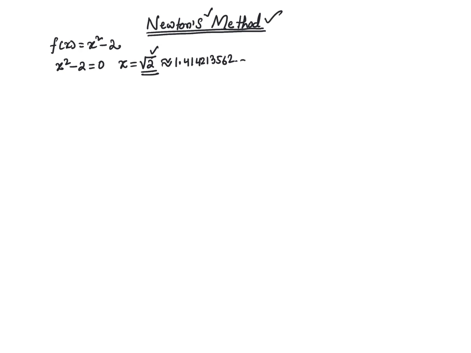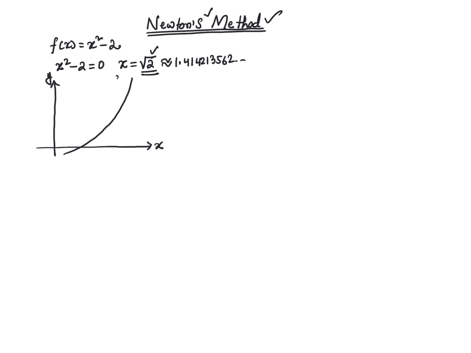So let's go ahead and consider this arbitrary function. This is some general function. It's not square root of x. It's not the x squared minus 2 function. Okay, so now let's go ahead and look at this function. Let's say this function looks like this.